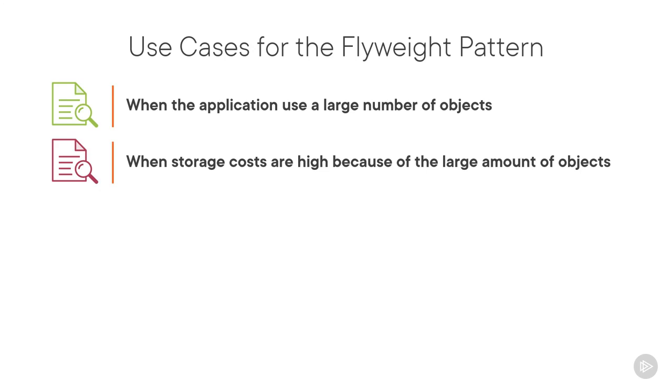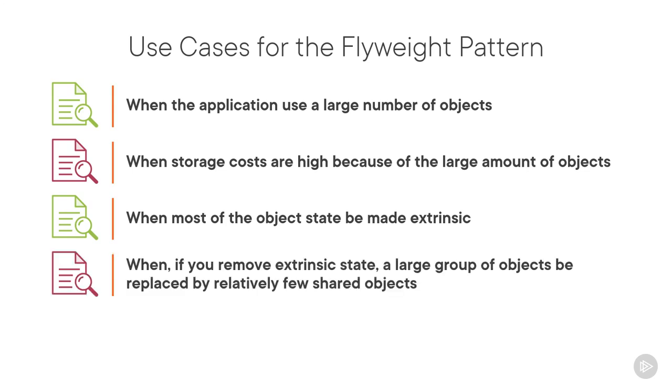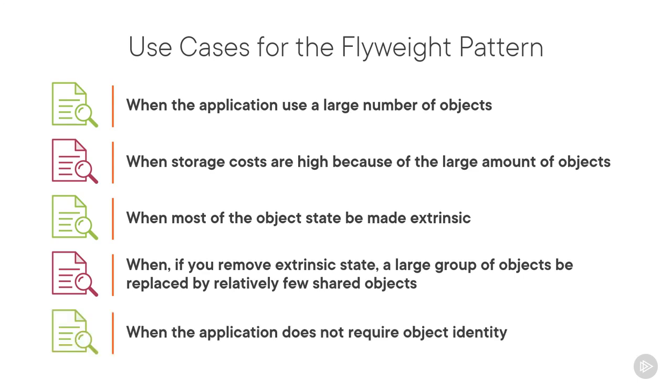Storage costs are high because of the large amount of objects. 3. Most of the object state can be made extrinsic. 4. If you remove extrinsic state, a large group of objects can be replaced by relatively few shared objects. And 5. The application does not require object identity. If these 5 rules check out, then you've got a good use case.